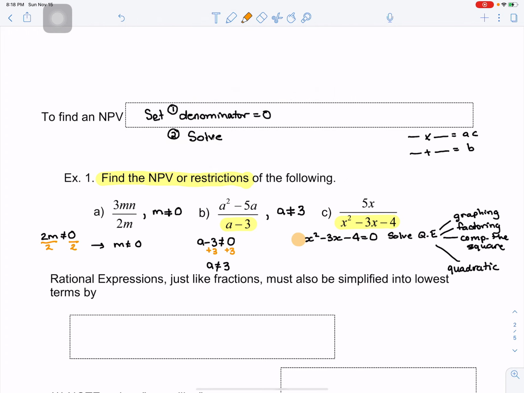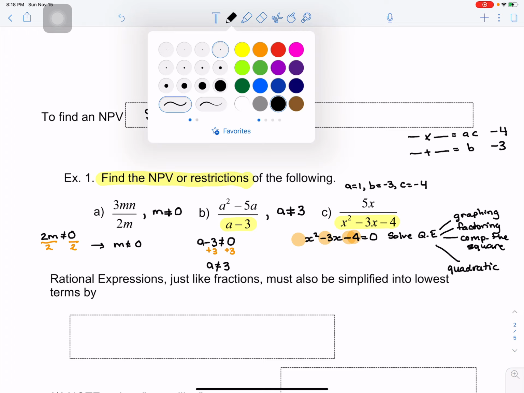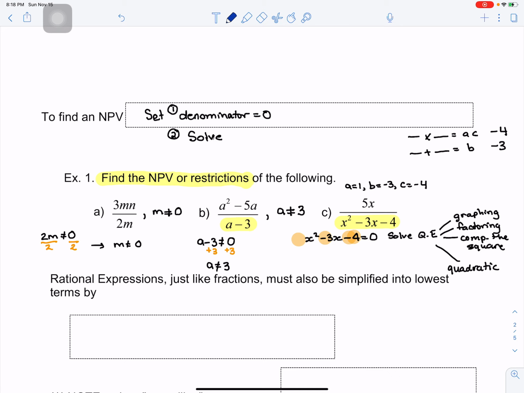So here's my a, here's my b, here's my c. a is 1, b is negative 3, and c is negative 4. So 1 times negative 4 is negative 4, and it has to add to negative 3. So you need to determine what 2 numbers do that. I know negative 4 times positive 1 is negative 4. I also know that negative 4 plus 1 is negative 3.